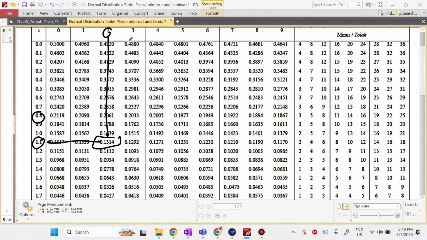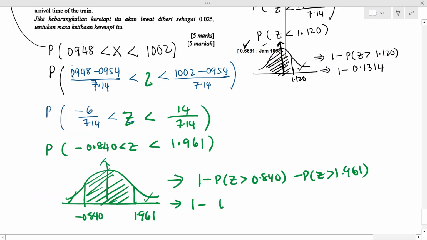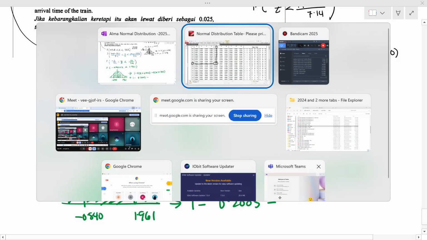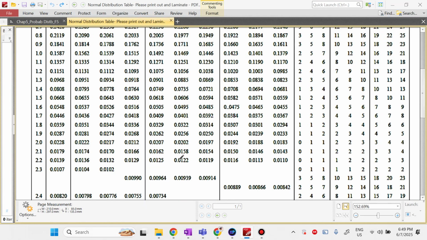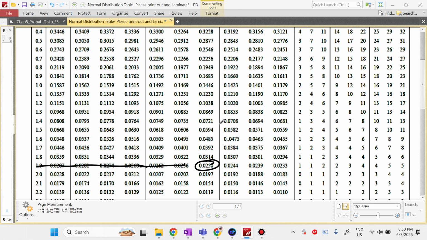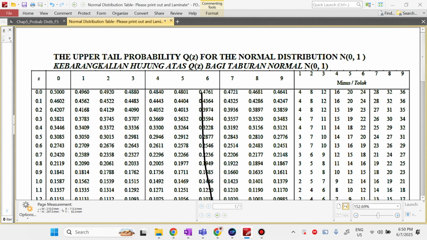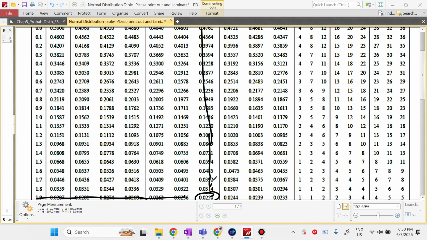0.840, 0.2005. 1.961. 1.9, this is the 6, right? 1.96.